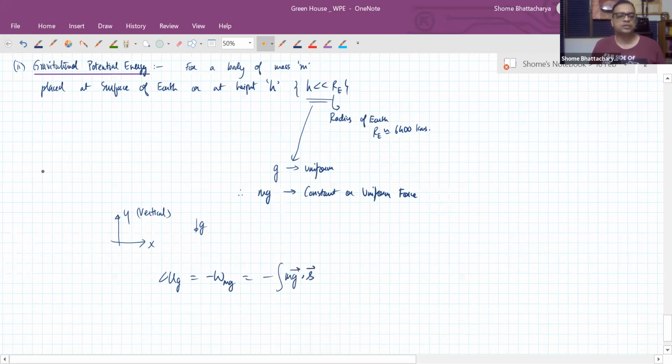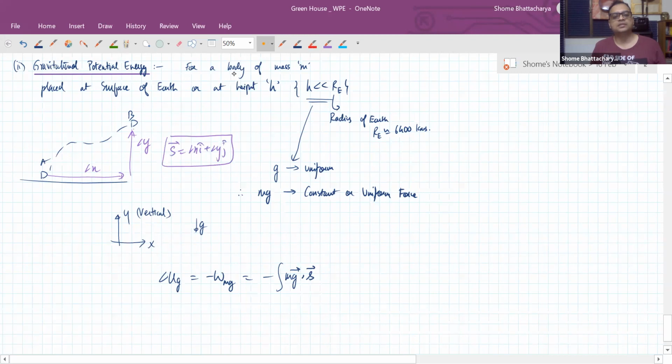So we take the body from the surface of the earth through any path like we did in that example, where the vertical component of its displacement... Okay, so the displacement of the body is delta x i cap plus delta y j cap. But while this displacement is happening, the gravitational force acting on it is always minus mg j cap. It's a fixed amount of force.